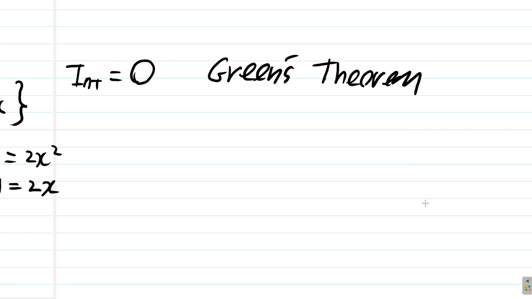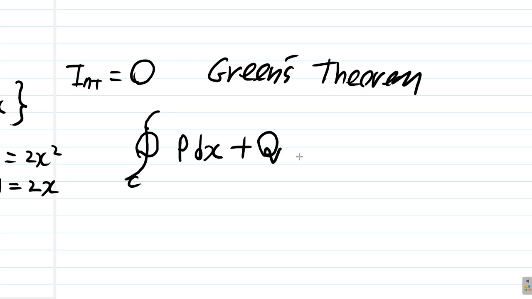Now, remember what Green's theorem says, the formula for Green's theorem. It says that if you have the integral around a closed curve of a function of x and y in the direction x, that's the horizontal component, that's P dx, plus Q, which is a function of x and y again, in the direction of y, dy, this is equal to negative.